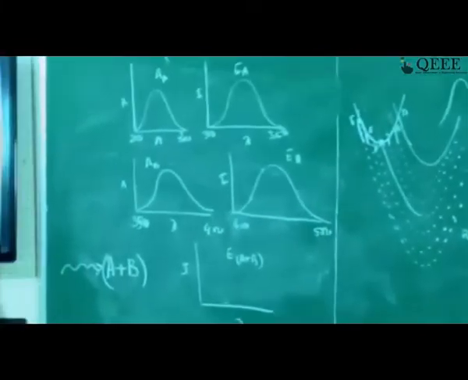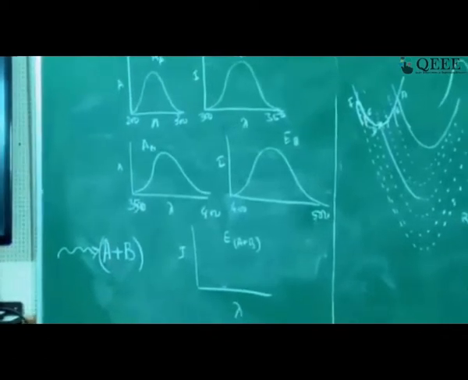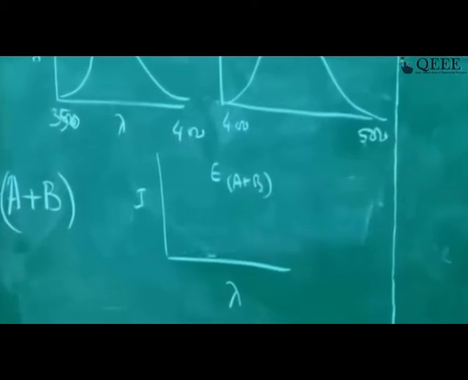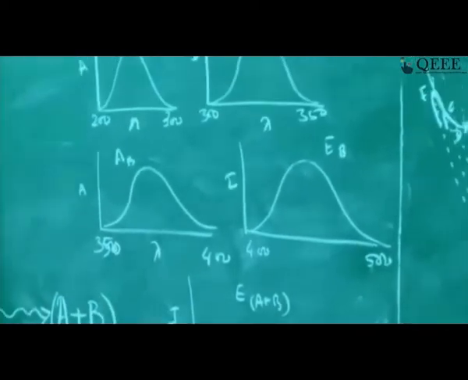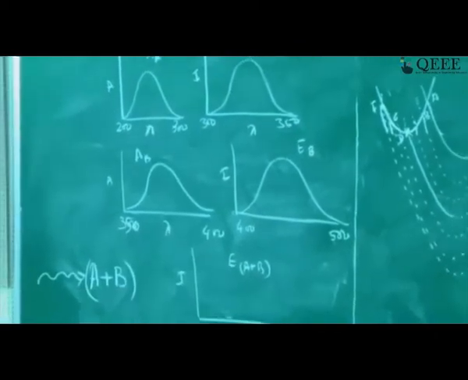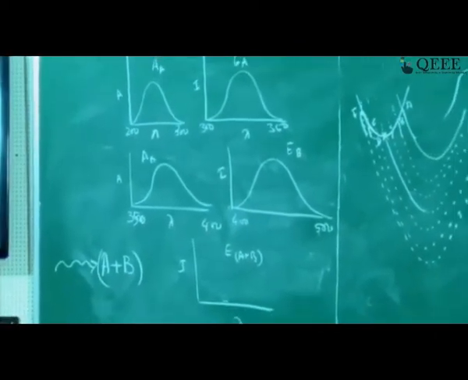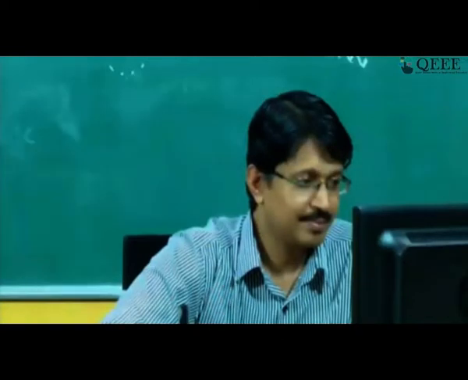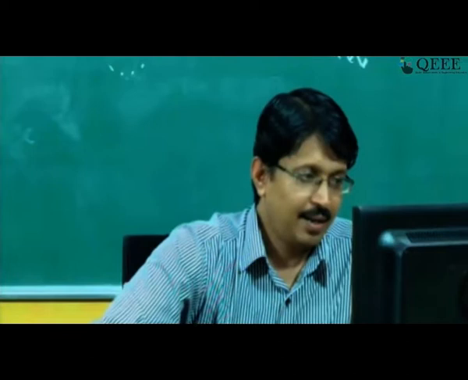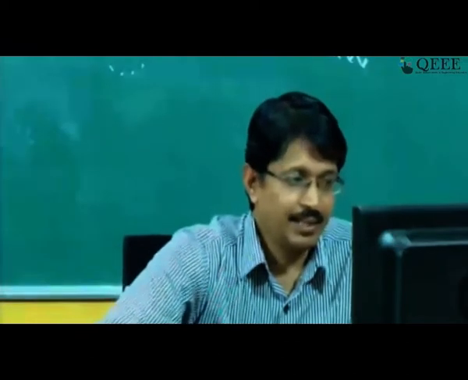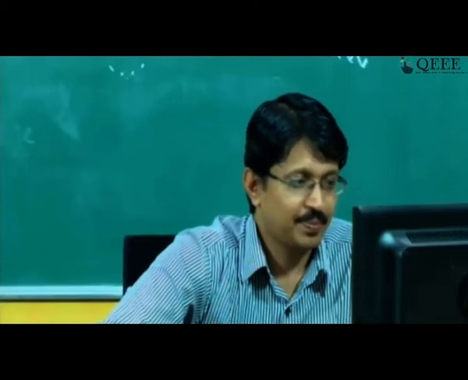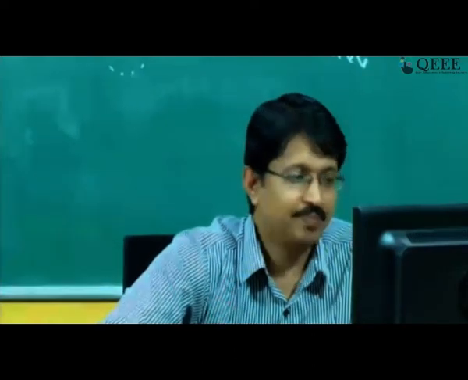Show the graph. Four graphs or maybe 5 graphs, yeah, all of them. Correct. So it is like you are exciting A, and the energy of this A is transferred to B. This happens very quickly.